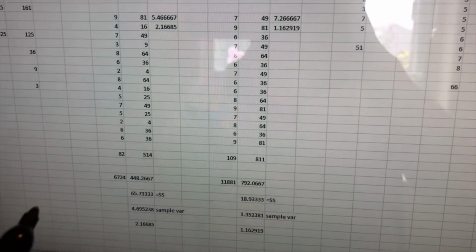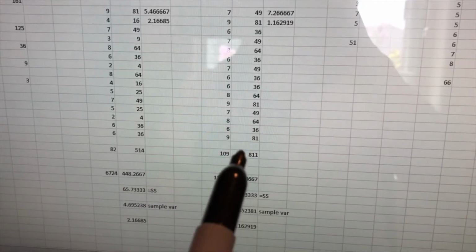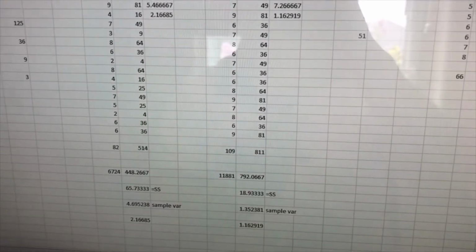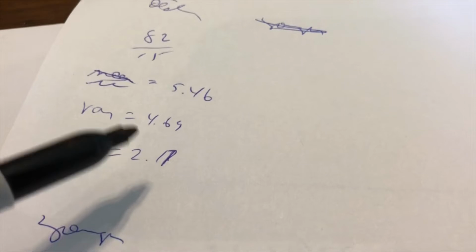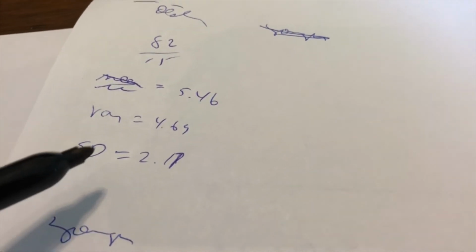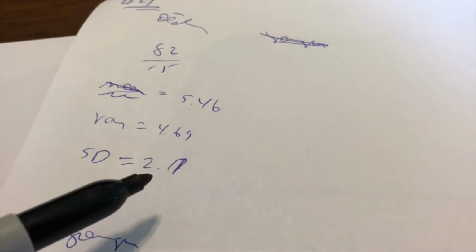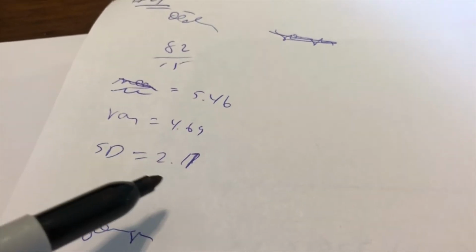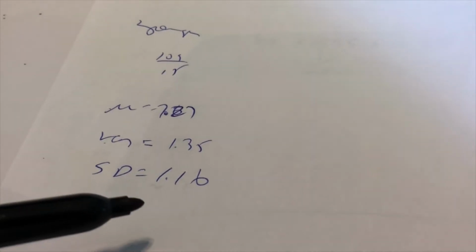You can pause there too, but this one is the younger group. The variance for the older group is 4.69. The standard deviation is 2.17. Okay, so we have a variance of almost 5 and a standard deviation of about 2. The younger group, we come up with the mean of 7.27, variance of 1.35, and a standard deviation of 1.16.